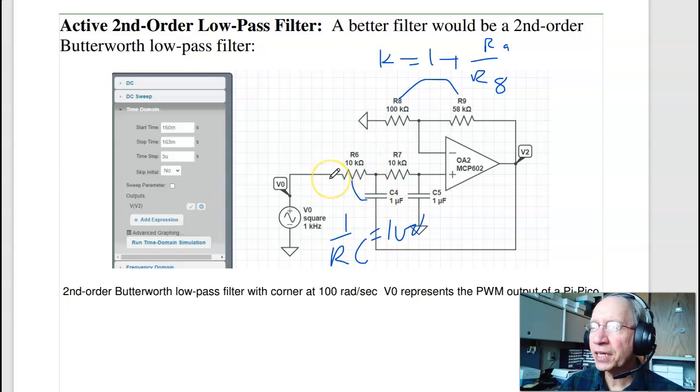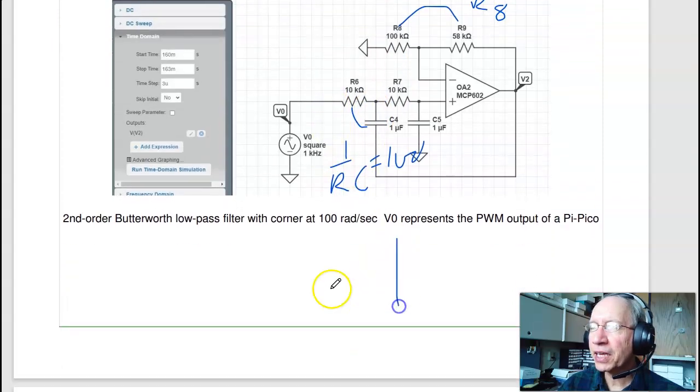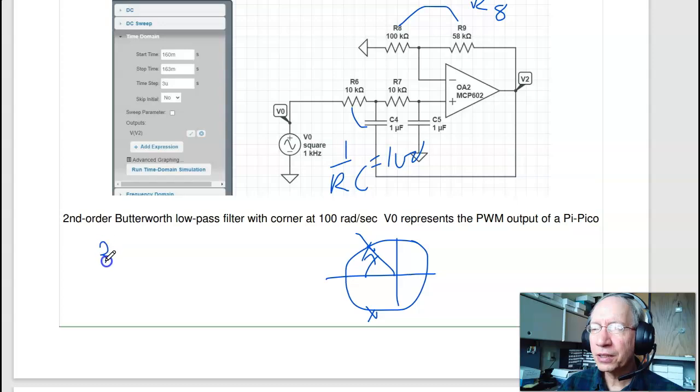And K tells you the angle of the poles. I basically have 2 poles, complex numbers right there. The angle theta is given by 3 minus K equals 2 cosine theta.